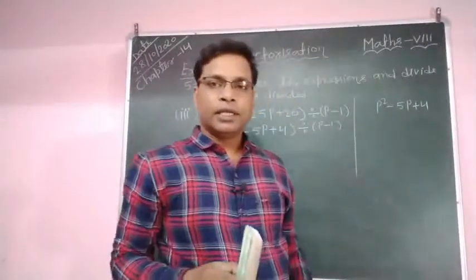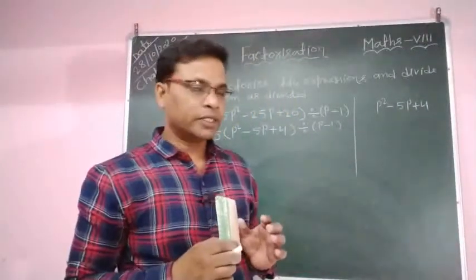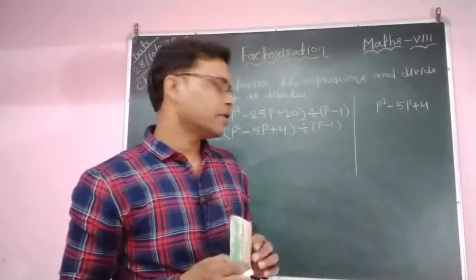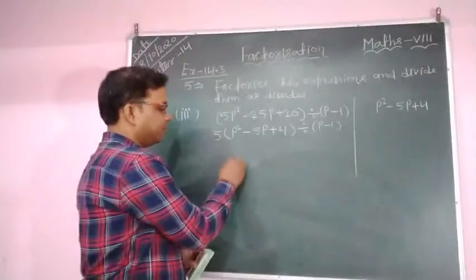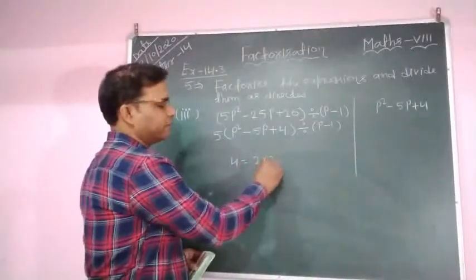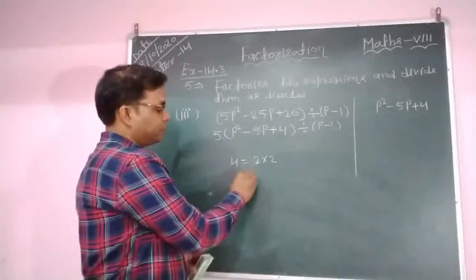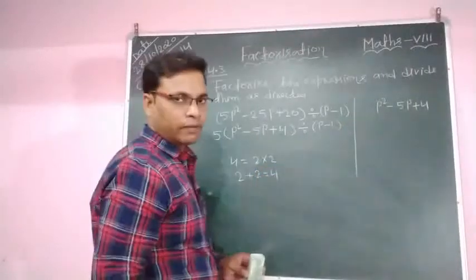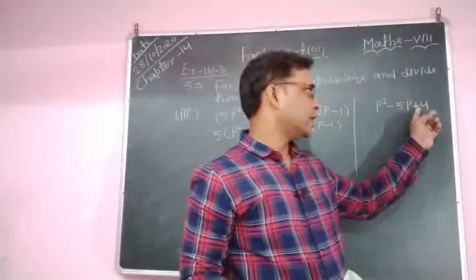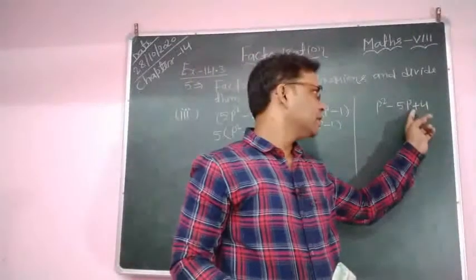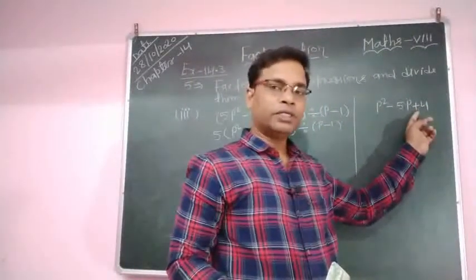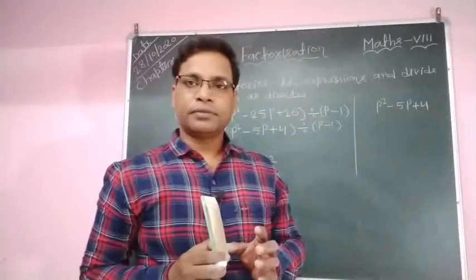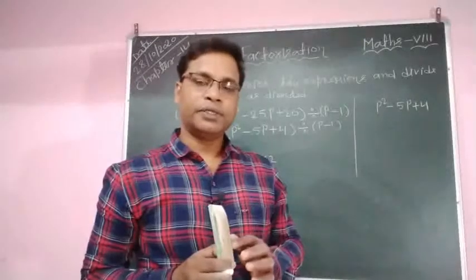It means that we find the factors of 4 such that their sum is 5. We can write 4 as 2 into 2, but their sum is 2 plus 2, which is 4, not 5.